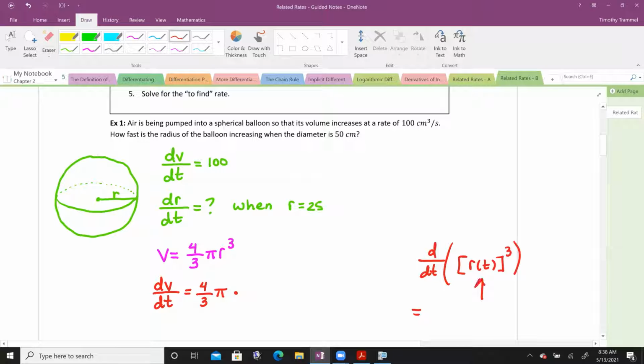We have more than just t being cubed here, right? We have a function of t being cubed. So if we use our chain rule, we're also going to need to multiply by the derivative of the inside there, so r prime or dr/dt. Over here, just so that I don't have r of t floating around all over the place, I'm just going to write 3r squared dr/dt.